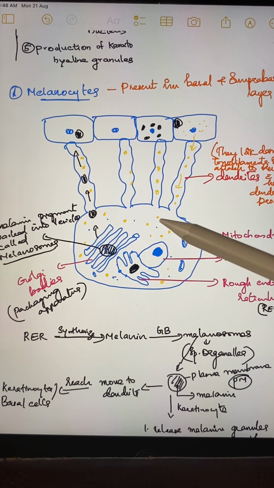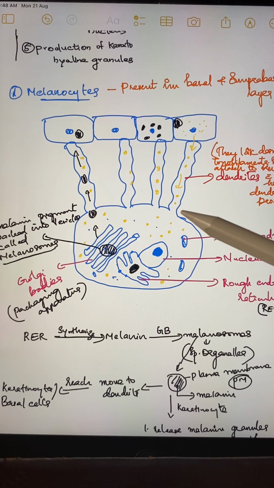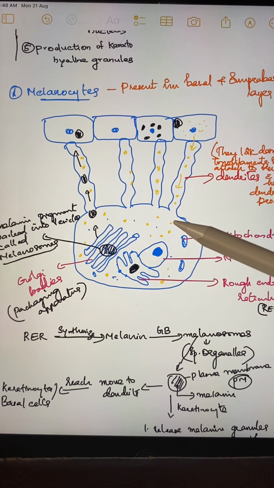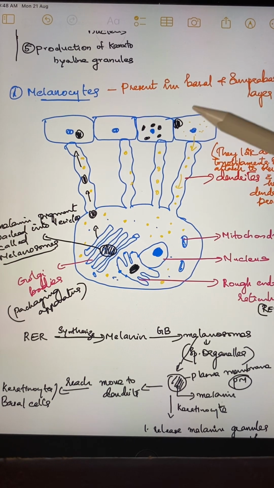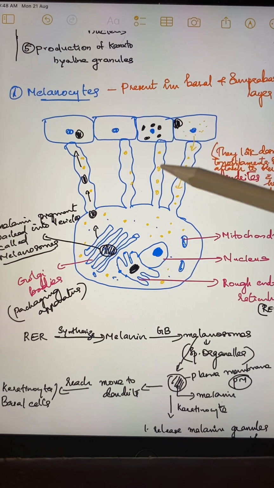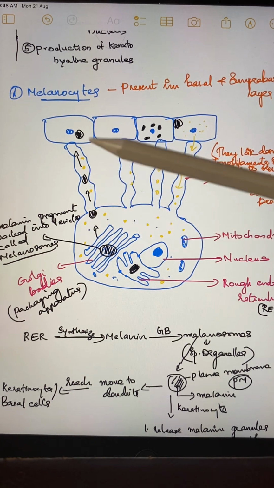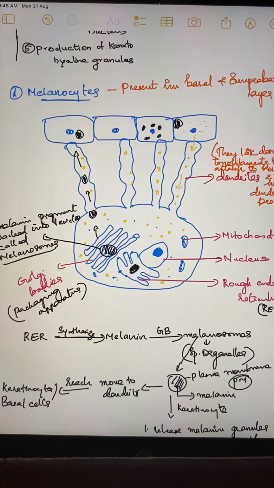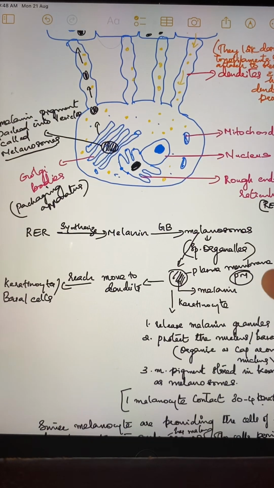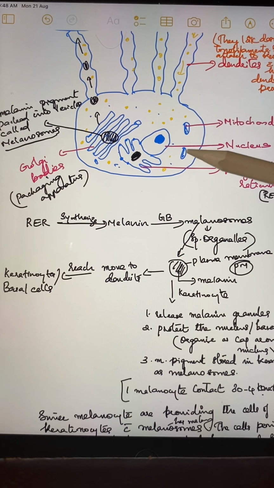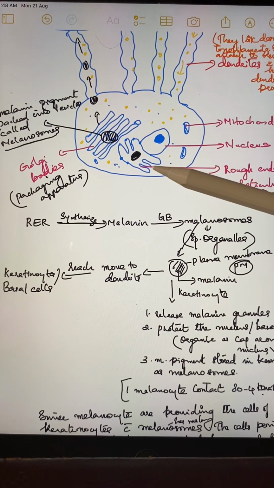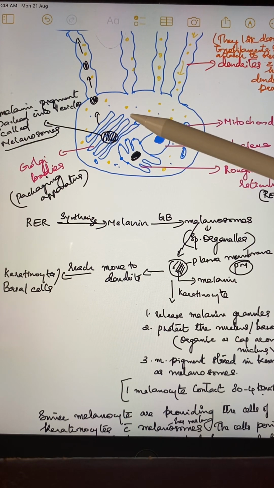But here the desmosomes and tonofilaments are absent, so they attach to the keratinocytes with the help of the dendritic processes. Can you see this dendritic structure? You can see this cell has mitochondria, a nucleus, rough endoplasmic reticulum, and Golgi apparatus. The Golgi apparatus is a packaging apparatus.